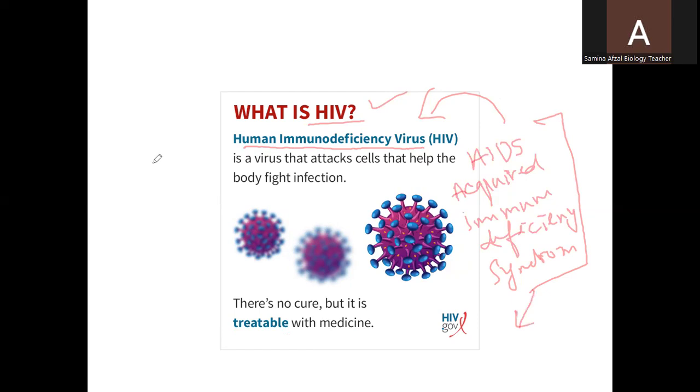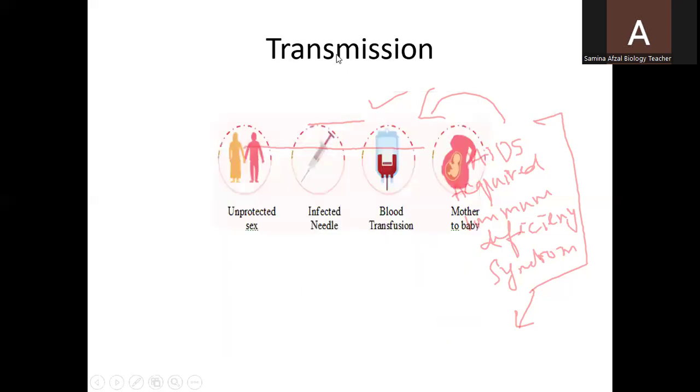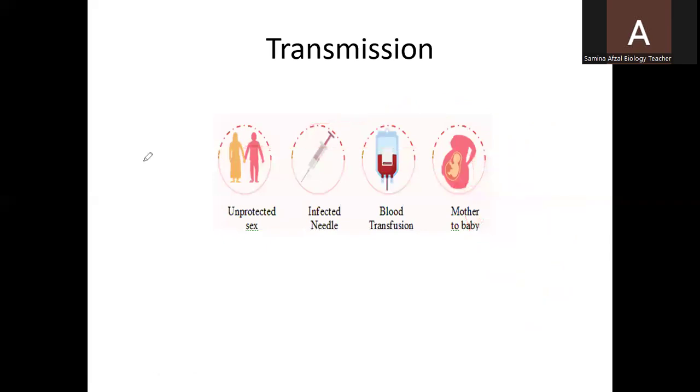We should protect ourselves from this HIV. So how is this HIV transferred from one person to another? By unprotected sex. First of all, AIDS is a sexually transmitted disease, or HIV is transferred through unprotected sex.